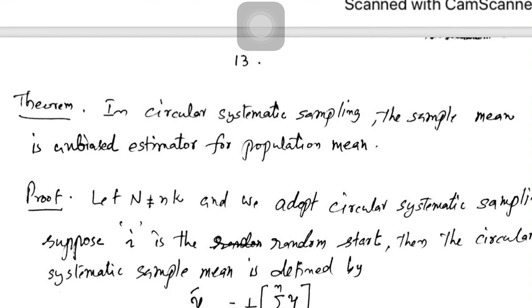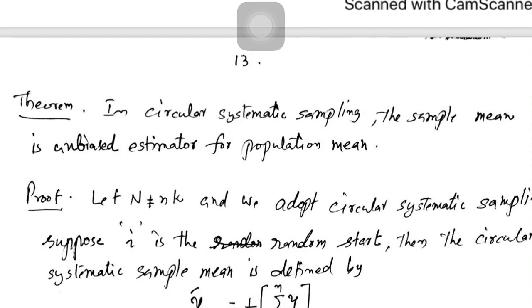Okay, now this is true not only for N not equal to nk, but it is true for N equal to nk also. But if the case is N equal to nk, you can easily adopt the earlier method, and that method is actually called linear systematic sampling. Okay, and the present method is called circular systematic sampling.